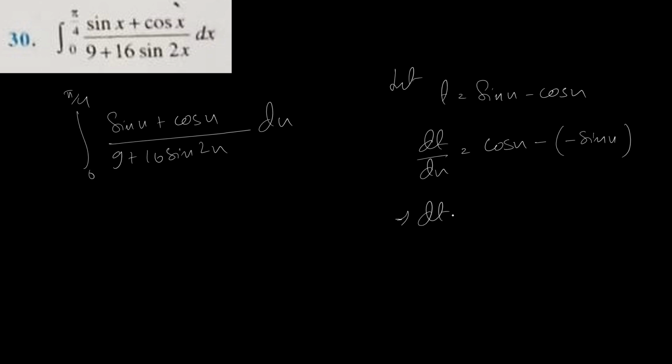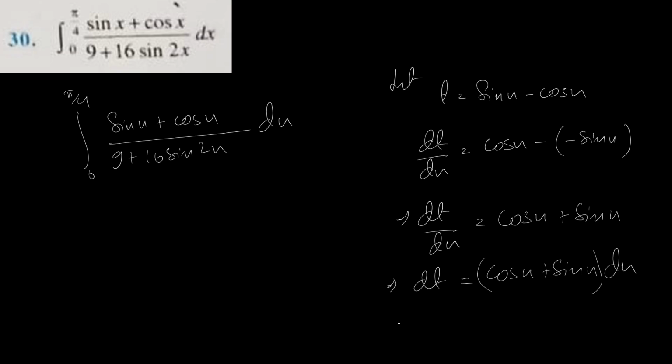So dt by dx is equal to cos x plus sin x. So dt is equal to cos x plus sin x, dx. So if I take t equal to sin x minus cos x, then dt is equal to cos x plus sin x, dx.